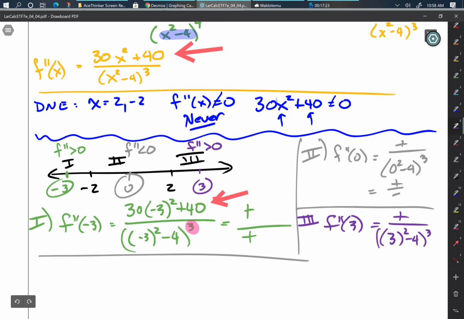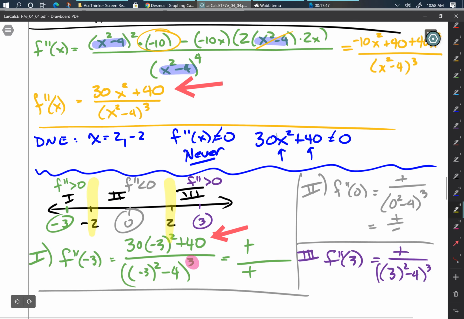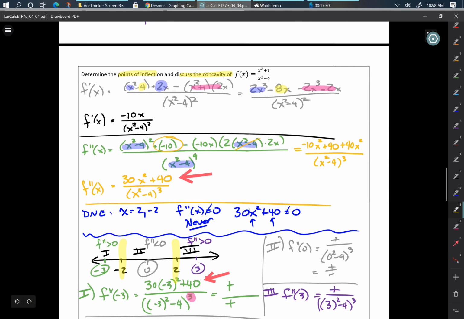So what does that mean? Now, you would be tempted to say that we have a point of inflection at -2 because to the left it's concave up and to the right it's concave down. Or you'd be tempted to say that we have a point of inflection at +2 because to the left it is concave down and to the right it is concave up. But actually, we don't have anything at -2 and +2. Because if you were to attempt to evaluate the original expression with either -2 or +2, what's going to occur in the denominator?